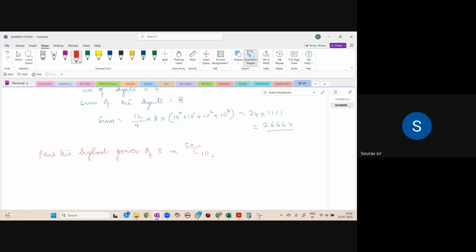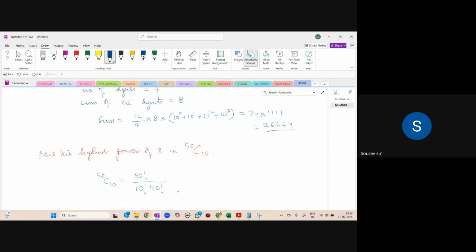Highest power of 3 in 50C10. So what is 50C10? 50 factorial by 10 factorial into 40 factorial.